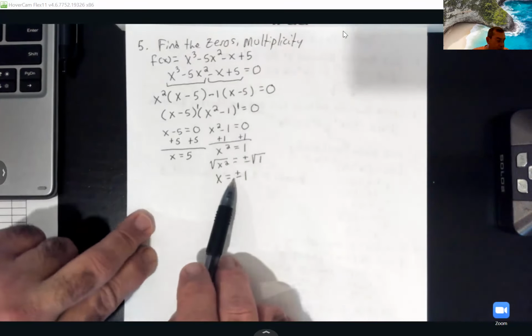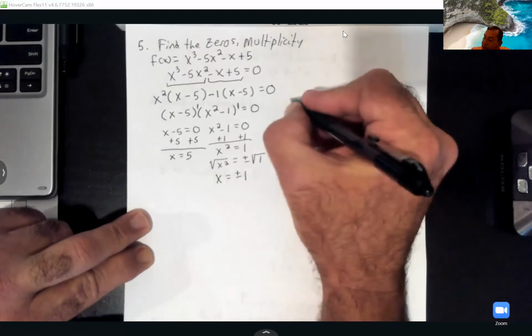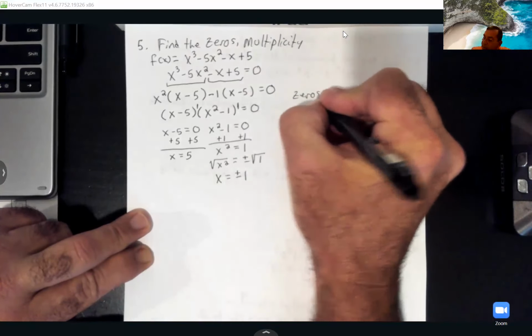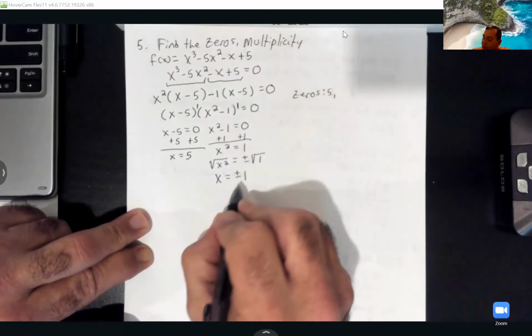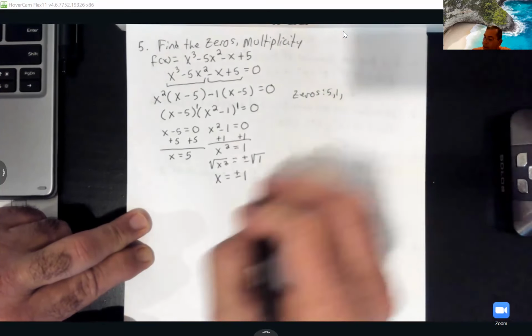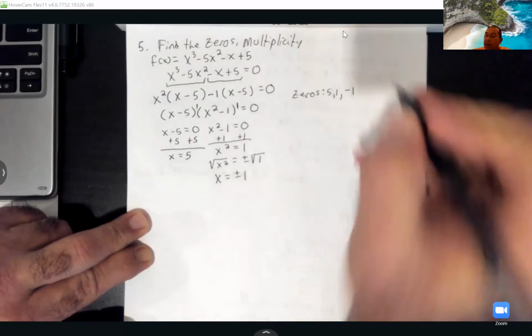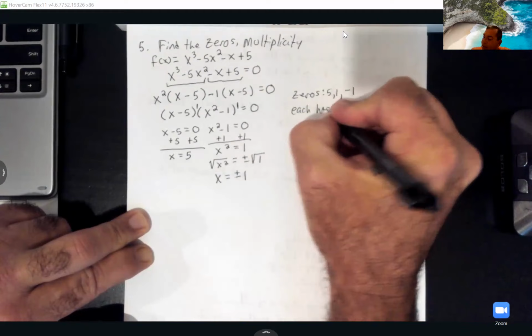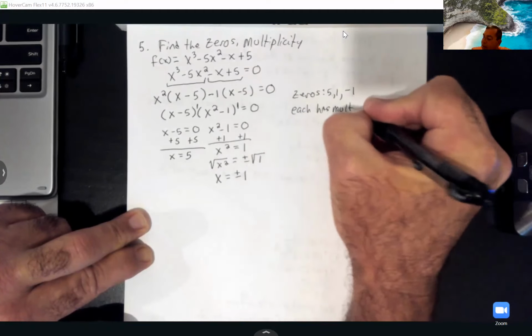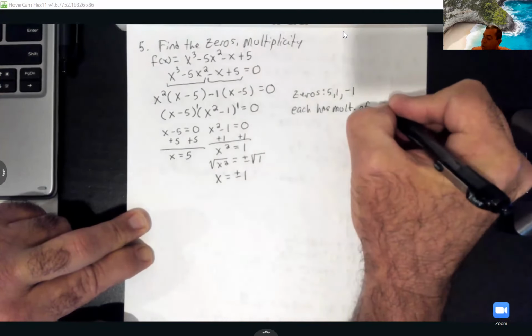All right, y'all, so this one, the zeros will be 5, 1, and negative 1. Each has a multiplicity of 1.